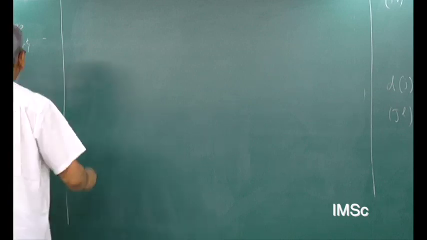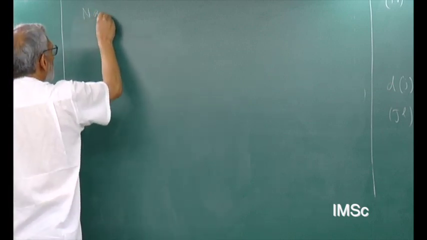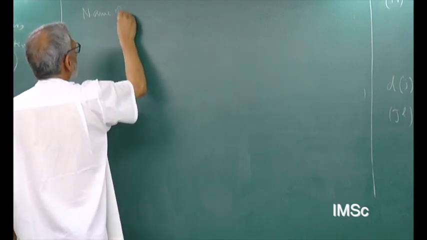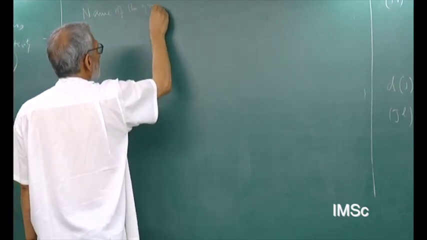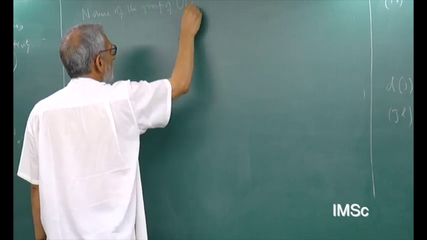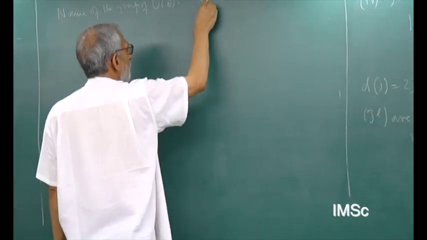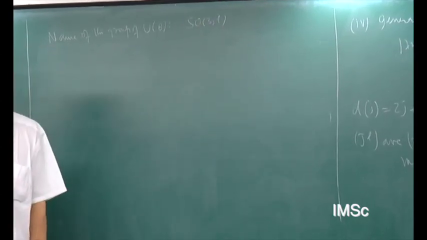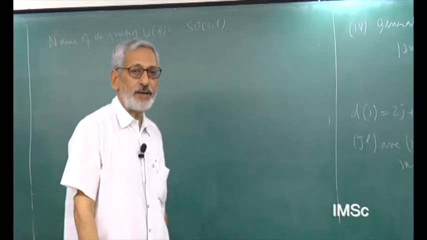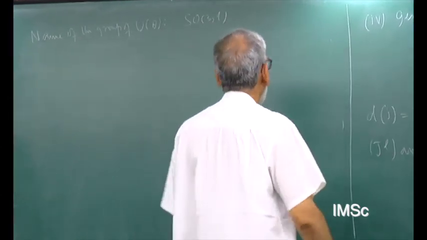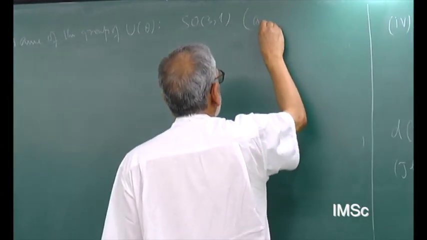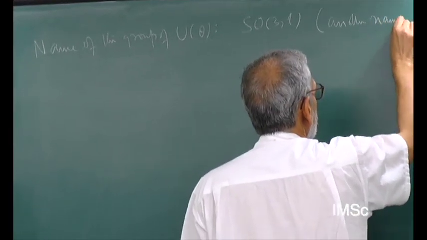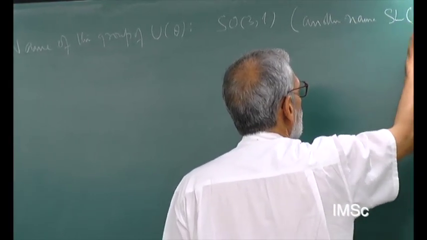Anyway, there's a name for this group, the group of these transformations. Name of the group of U theta is SO(3,1). That's just a name. Another name is SL(2,C).